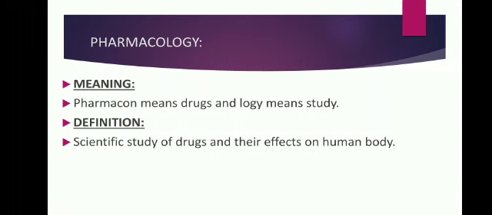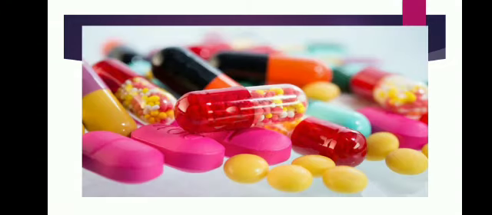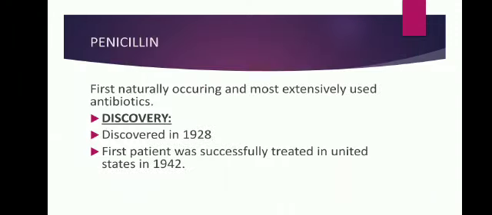This branch deals with the scientific study of drugs and their effects on the human body. You can see on your screen the different medicines and drugs. We can study all these drugs and their effects on the human body in this branch of biology.